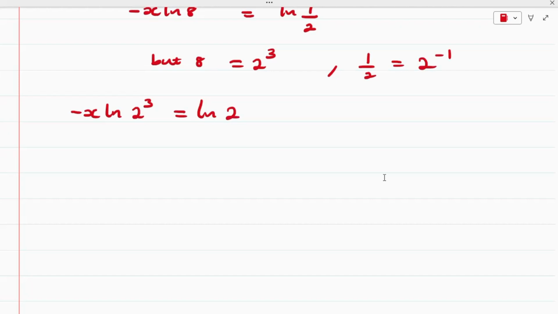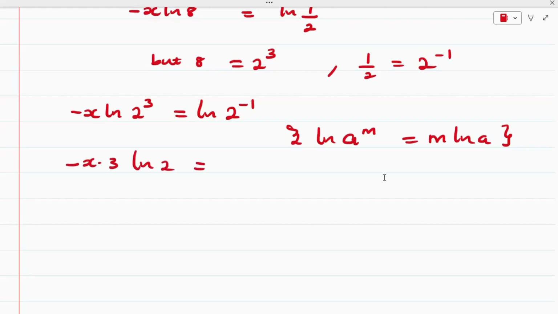Applying the logarithmic property that states that ln of a raised to the power of m is the same thing as m ln of a, this becomes minus x multiply 3 ln of 2 is equal to minus 1 multiply ln of 2. So this becomes minus 3x ln of 2 is equal to minus 1 ln of 2.